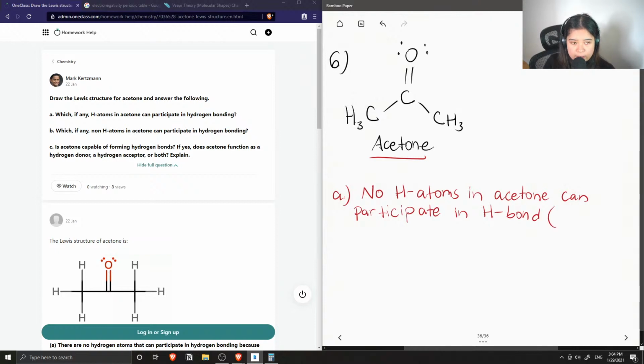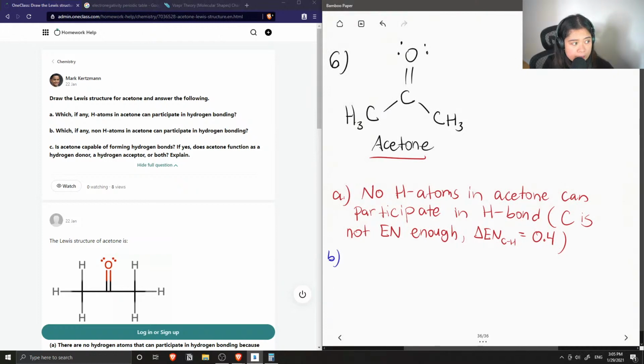And this is because carbon is not electronegative enough. I'll also put that the difference in electronegativity between carbon and hydrogen is only around 0.4, which is pretty low.